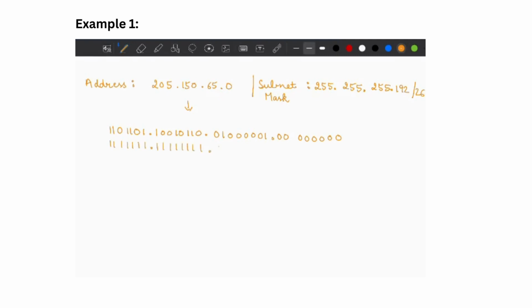Next we have the subnet mask, which we have written in binary form. We'll apply the logical AND operator here. So 1 and 1 will be 1, 1 and 1 is 1, 0 and 1 is 0, and so on. After applying it to both the address and subnet mask, we'll get our network ID.